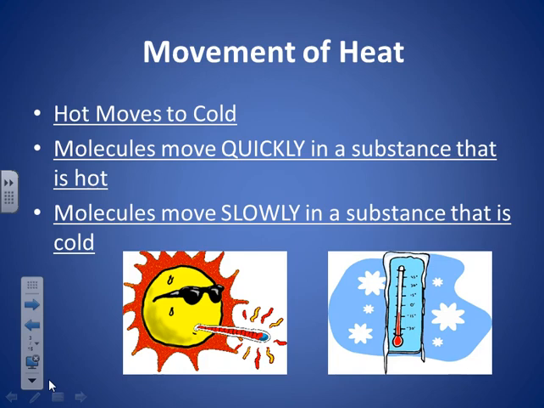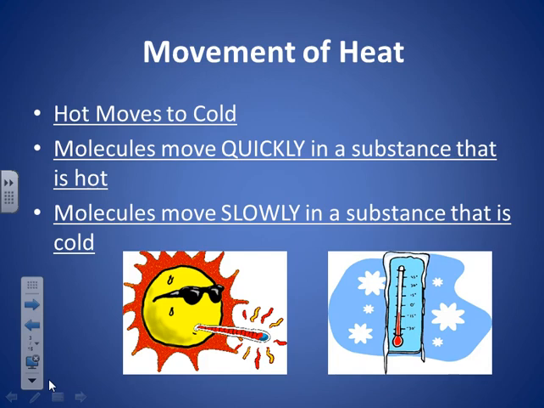Another big idea. We talked about heat being the random motion of molecules. In something that is very, very hot, the molecules move very, very quickly. And you can actually see molecules moving very quickly when you boil water.